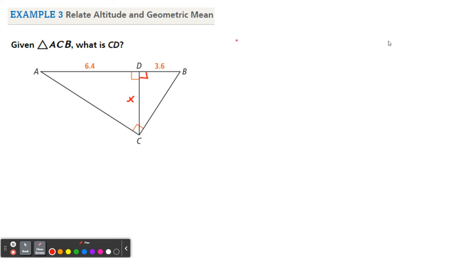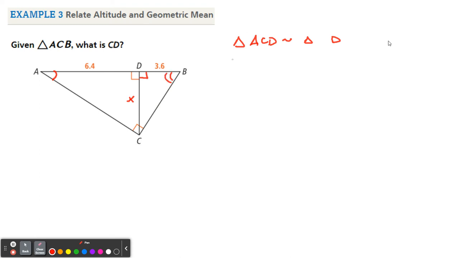So triangle ACD, which is going to be this medium triangle, is going to be similar to, now, I know that D is the right angle, so I know that D has to go in its spot. Now if I look here, A in this medium triangle, and this is tough to see sometimes, is not going to correspond to B in the small triangle.